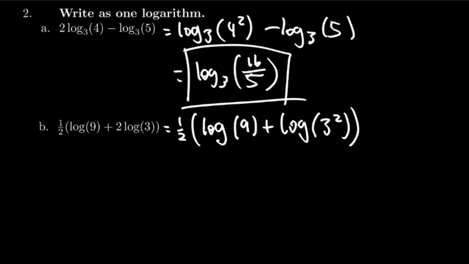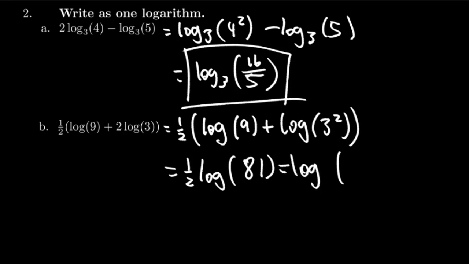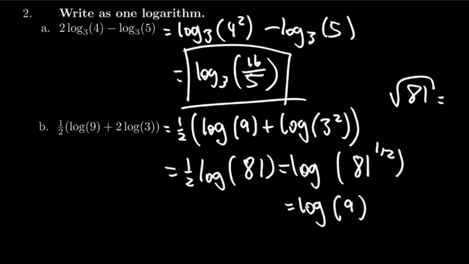So 3 squared. So basically what we got is 1/2 log of 9 times 9, or 81. And if we do that, then we got log of 81 to the 1/2 power. And actually that would be log of 9, because this is the square root of 81, which is 9. Technically plus or minus 9, but you can't exactly do that here.